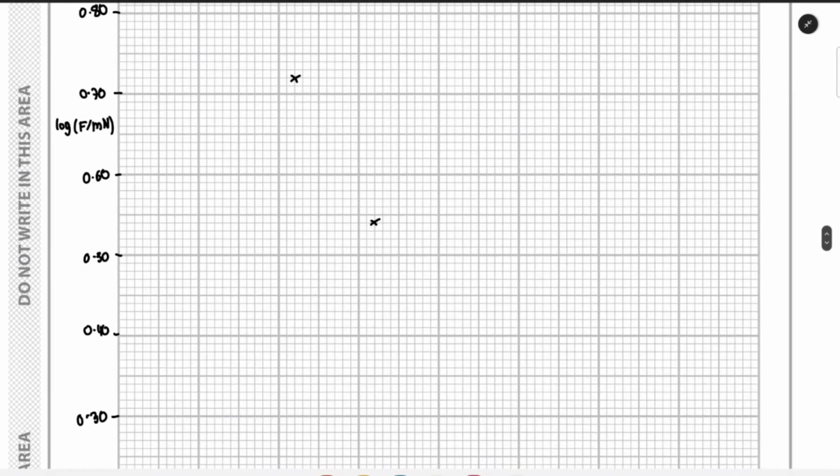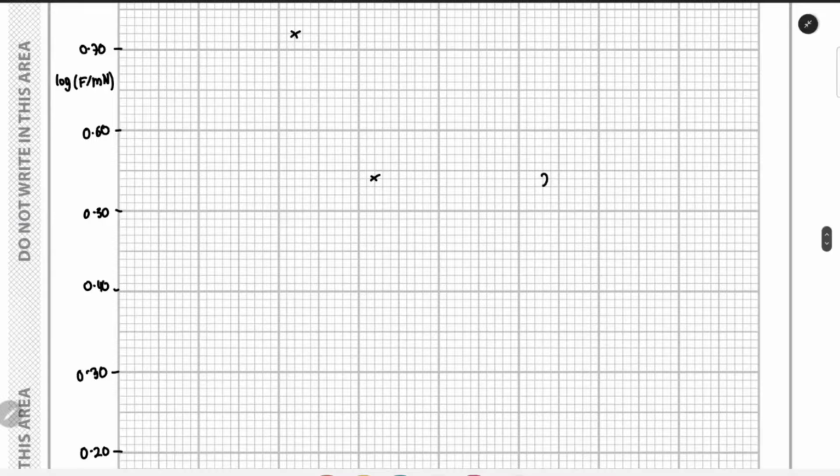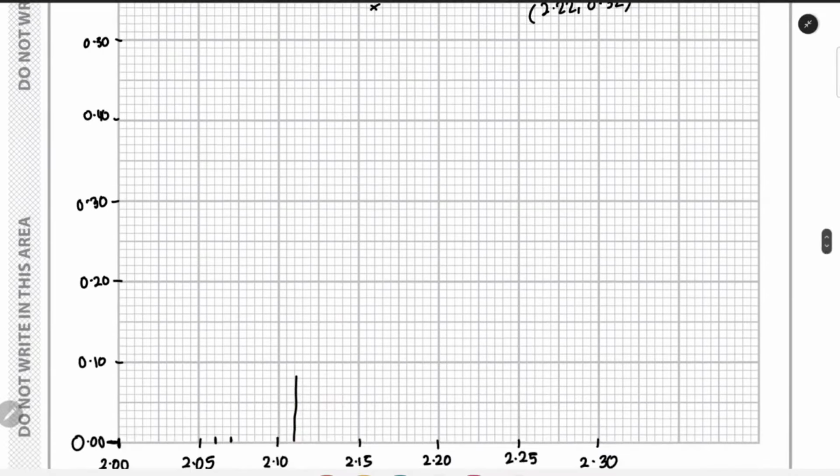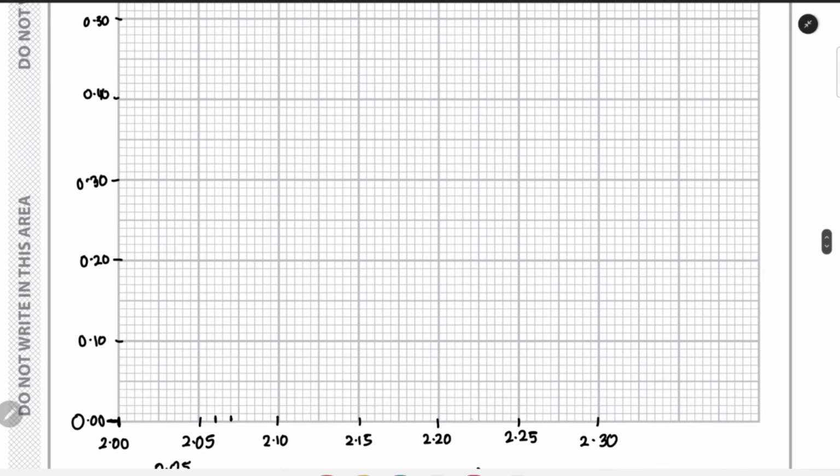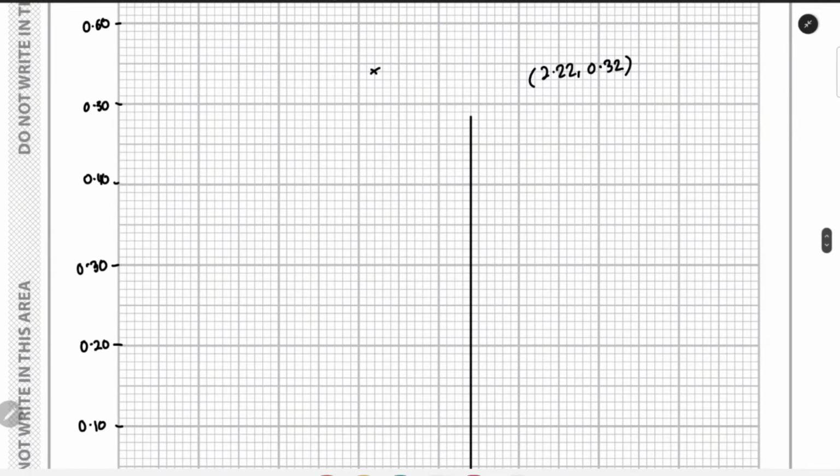The next pair we have is 2.22, 0.32. So 2.22 is over here, and 0.32 is over here.